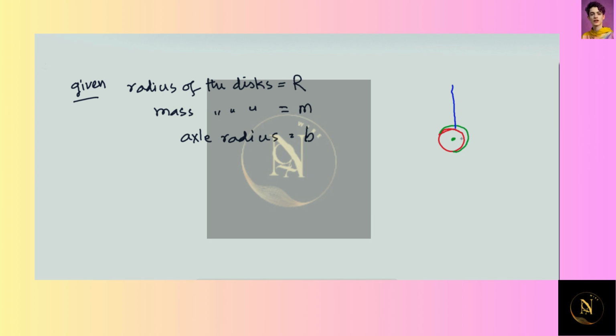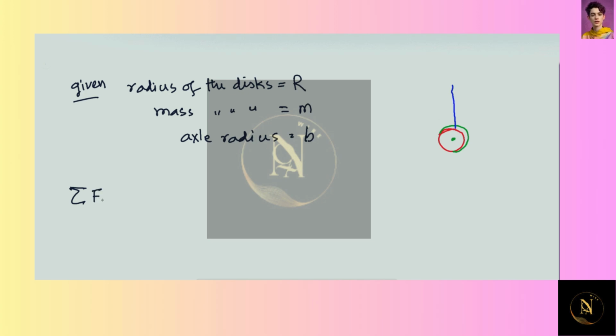As we can see, because the string is unwinding, there's a linear motion involved in this rotational motion problem. So we'll apply the force equation due to the linear motion, and we'll consider the center of mass of the system.